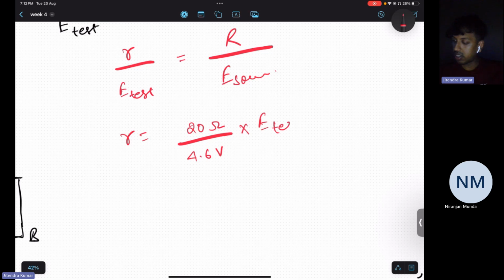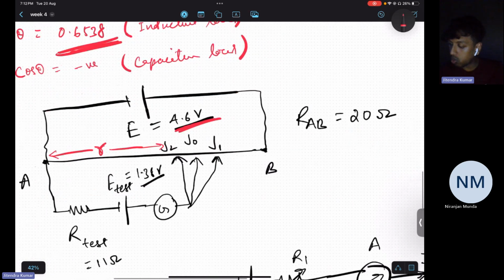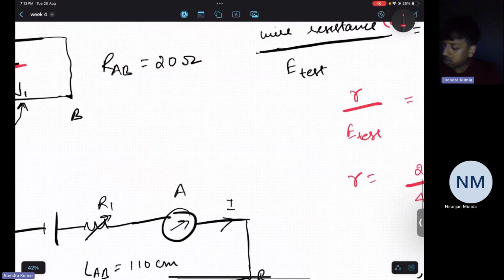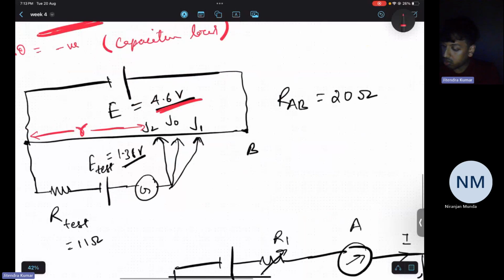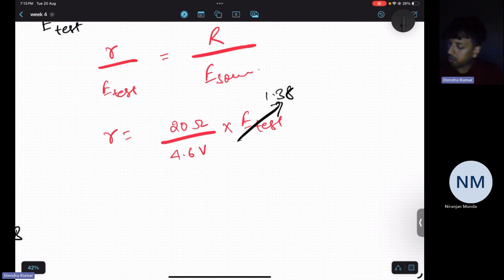E test is also given in this problem, 1.38 volt. So how much will be the value?